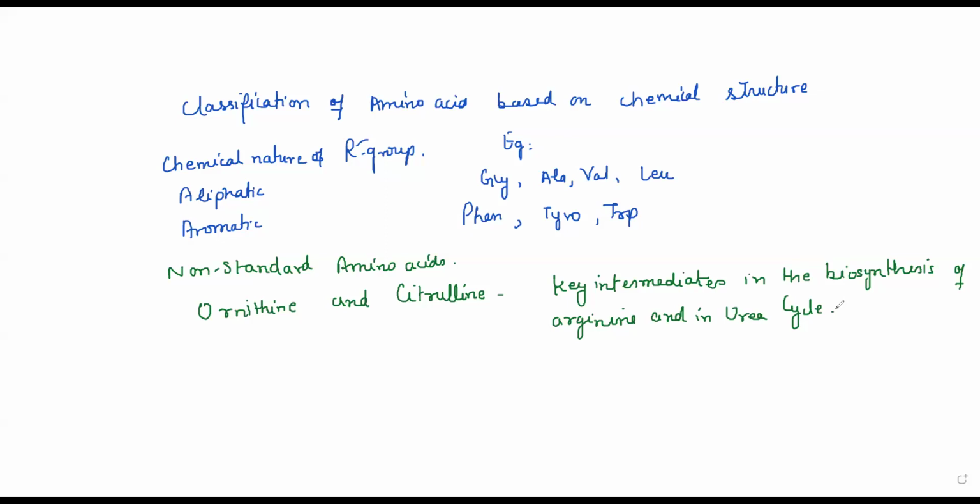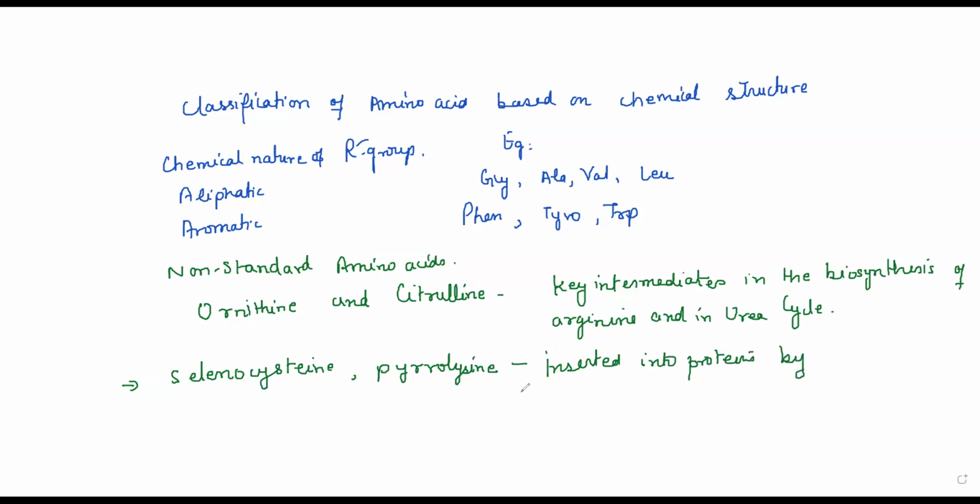But there are certain amino acids like selenocysteine and pyrrolysine that are inserted into proteins by the translational machinery.